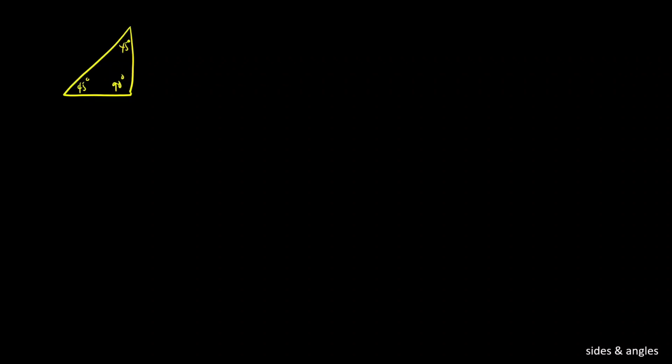Here we have a value for one side, and also here for one side, while here we are going to solve using this formula: A squared plus B squared equals C squared. So for the sides, A, B, and C.